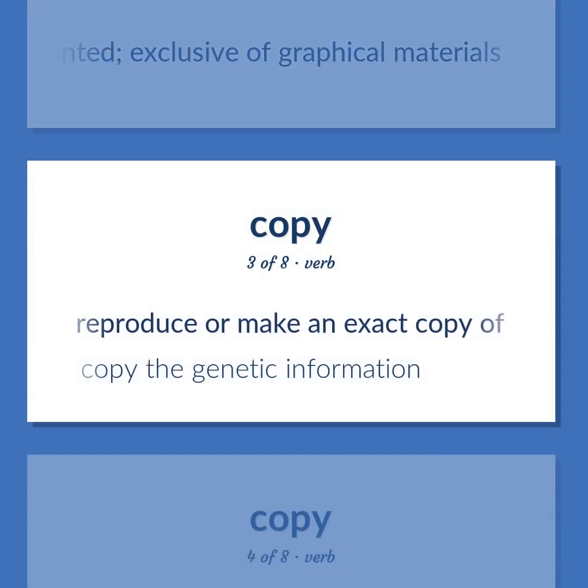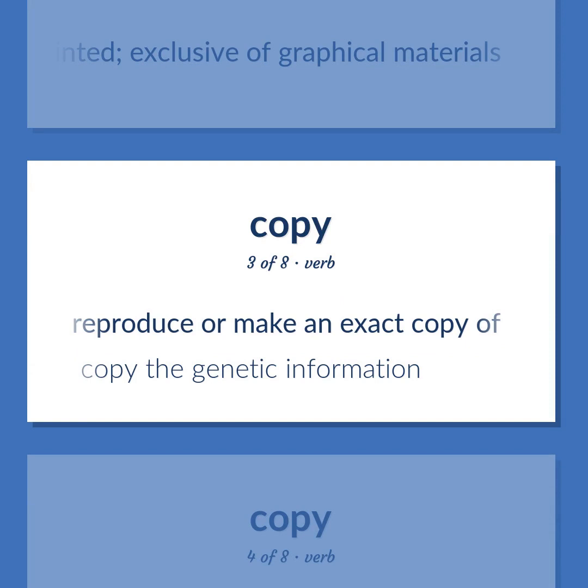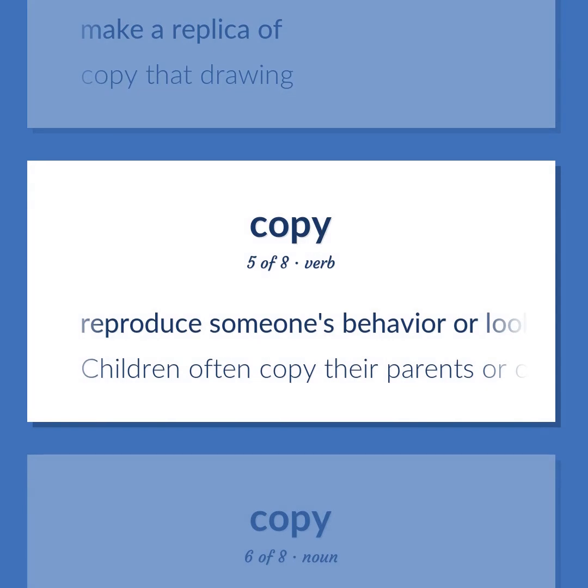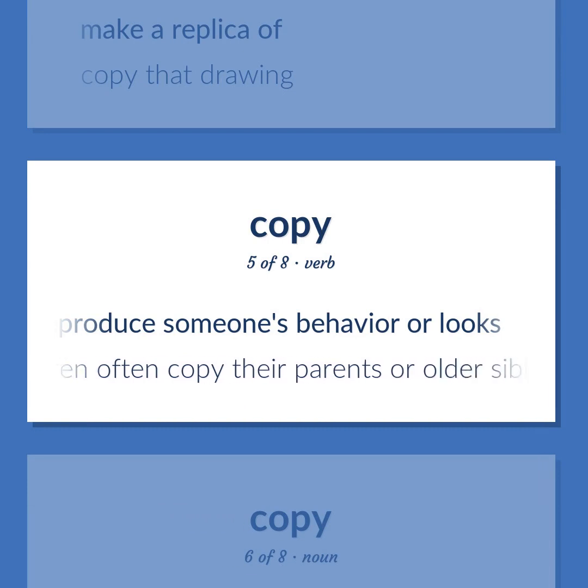Reproduce or make an exact copy of. Copy the genetic information. Make a replica of. Copy that drawing. Reproduce someone's behavior or looks. Children often copy their parents or older siblings.